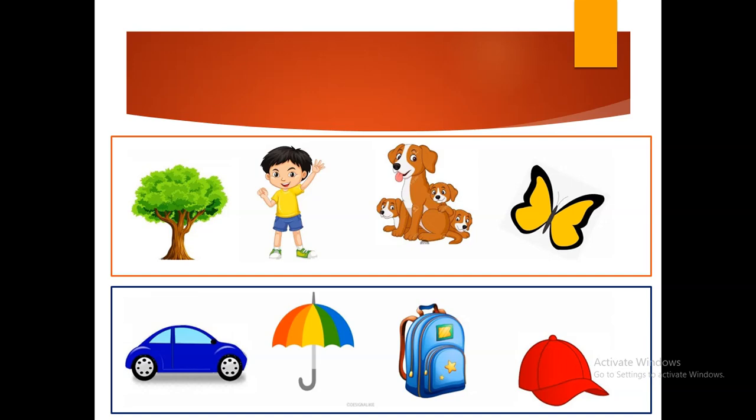Excellent. They are alive. They are living things. And what about the second group? They are non-living things. A car, an umbrella, a bag, and a cap. So this group here are living things, and this group here contains non-living things.